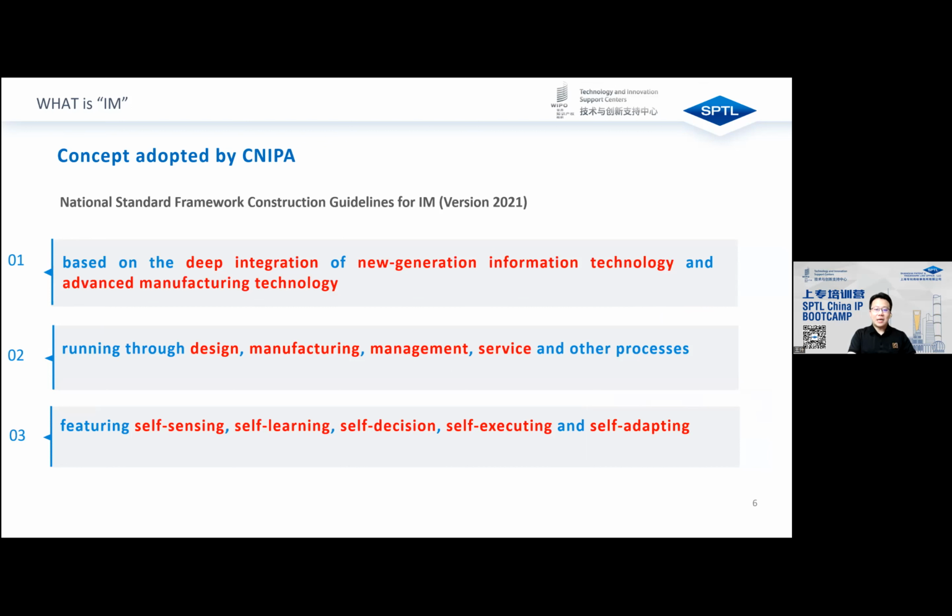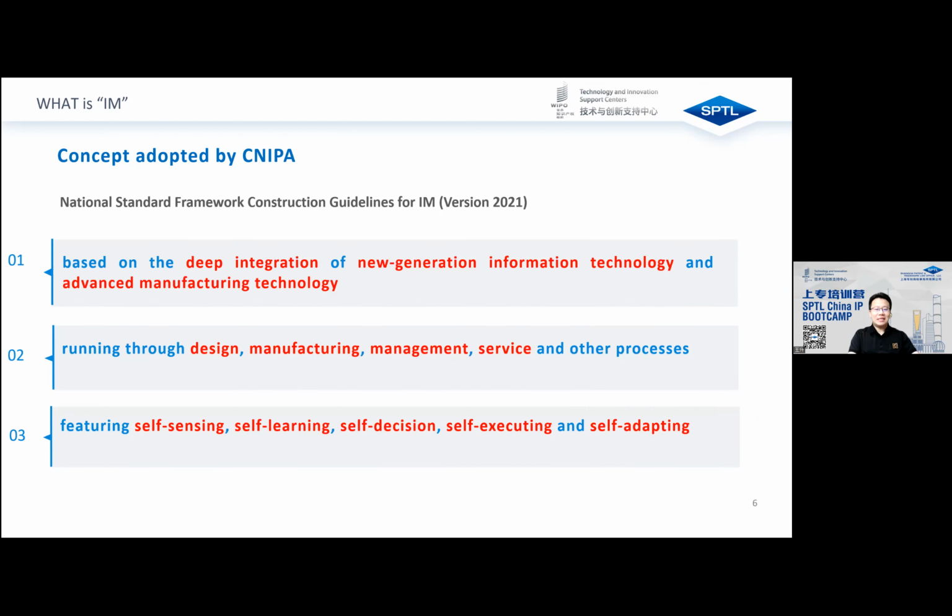Taking my country, China, for an example, a concept defined in National Standard Framework Construction Guideline for IM, version 2021, and adopted in a book named Industry Patent Analysis Report on Intelligent Manufacturing, written by CNIPA academic committee, is shown on this slide.